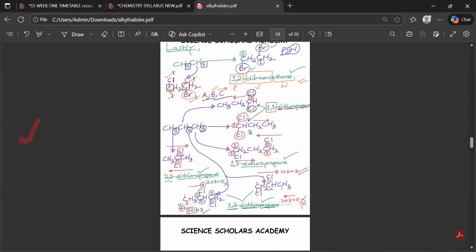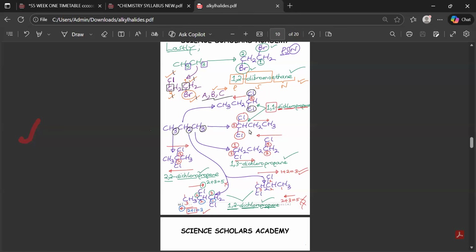So who can tell me in the chat what name is given to those compounds? They are many, but all of them have the same number of carbon atoms, the same number of hydrogen atoms, the same number of chlorine atoms. Their structures are different, and even their names are different. But when we condense, the molecular formula is the same.